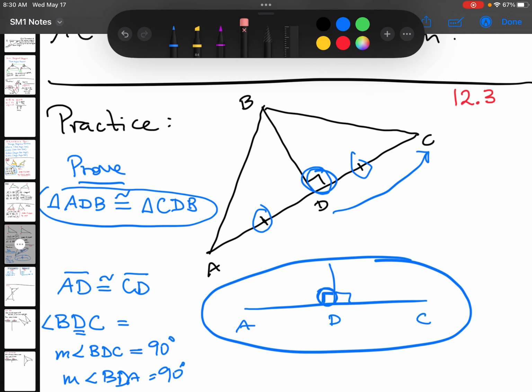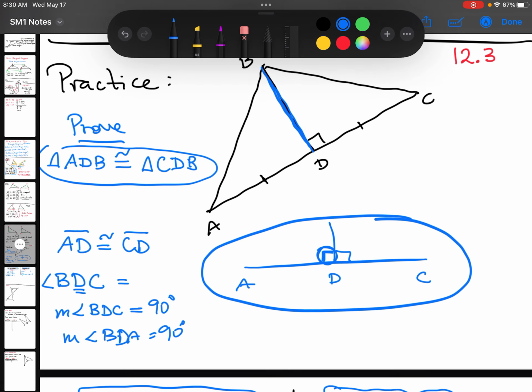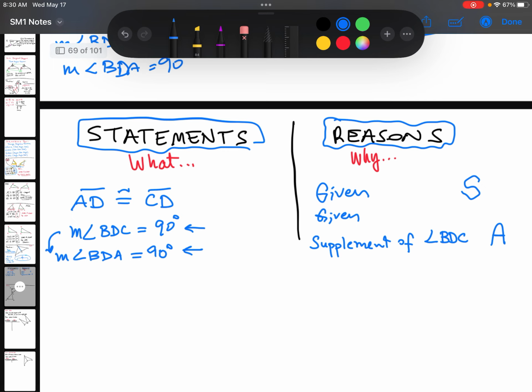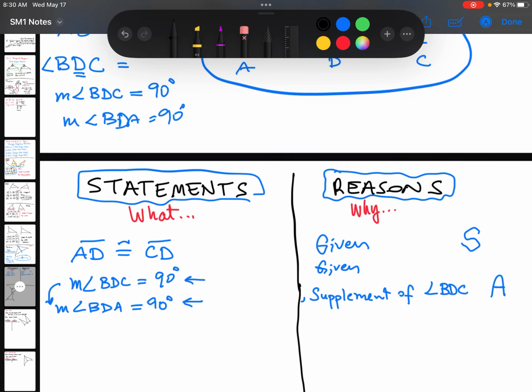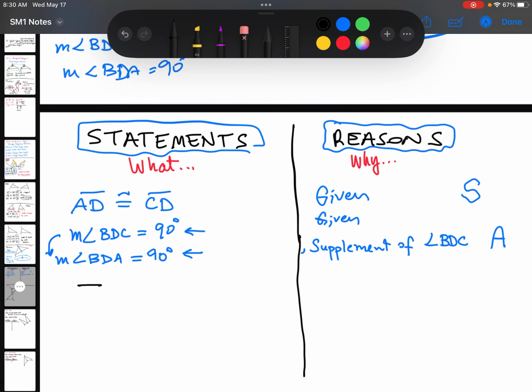Now, finally, I want to make sure that you take a look at this. Here we have BD. Oh, sorry. As I was telling you earlier, this is a segment both triangles have in common. And because of a property I'm about to write here, let me extend this line and I can say that segment BD, let's keep doing the blue, segment BD is congruent to segment BD.